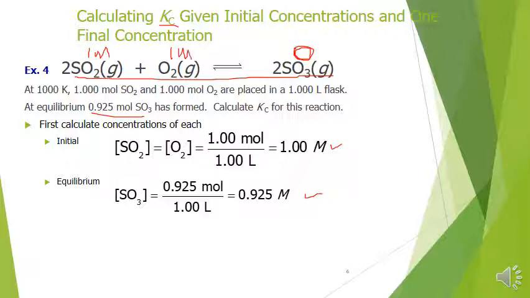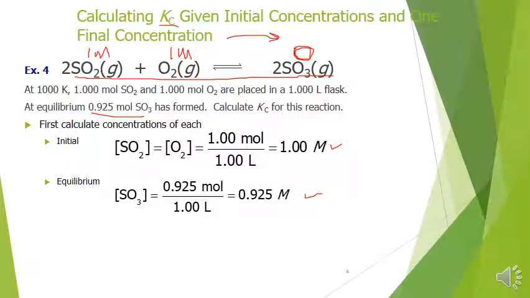Also, it's 1 molar oxygen. So that's our initial. We have some reactant and no product, and the concentrations are 1 molar, and 0. And if you do the Q, you can see that Q is less than K. It will be equal to 0, and the reaction will move to the right.